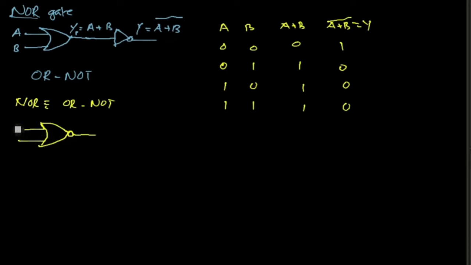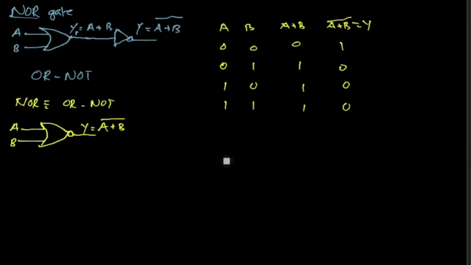So this is the symbolic representation of a NOR gate. Y is equal to A or B all complement. So that's a NOR gate.